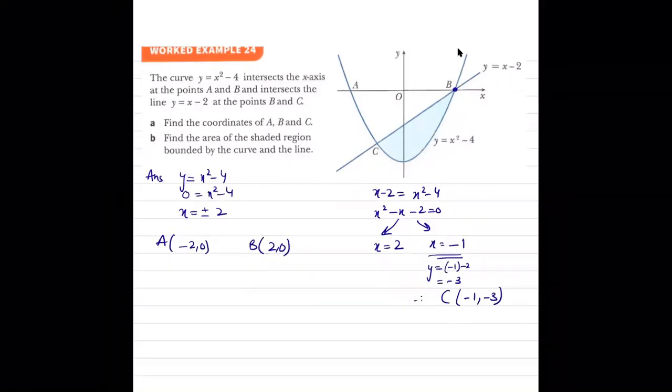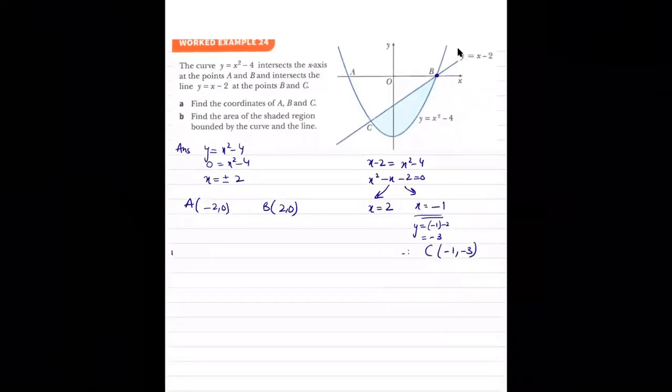Now for the second part, we were asked to find the area of the shaded region. So for the shaded area we can follow this: integration of upper curve minus integration of lower curve.